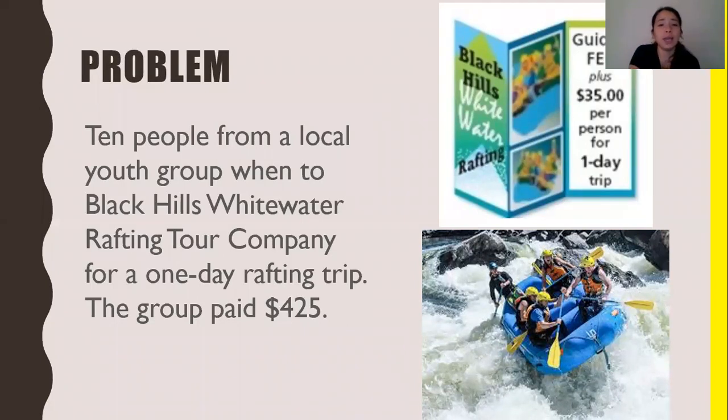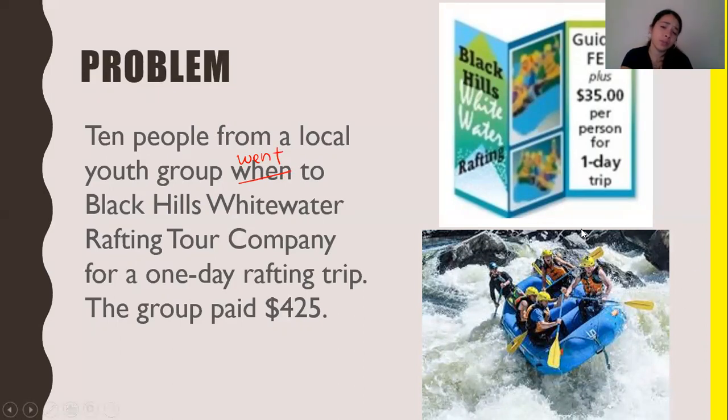So let's look at our problem for today. Our problem for today is that 10 people from a local youth group went to Black Hills Whitewater Rafting Tour Company for a one-day rafting trip, and the group paid $425. So if you're not sure what whitewater rafting is, that's this activity right here in this picture.